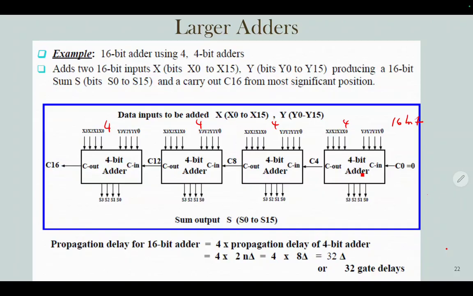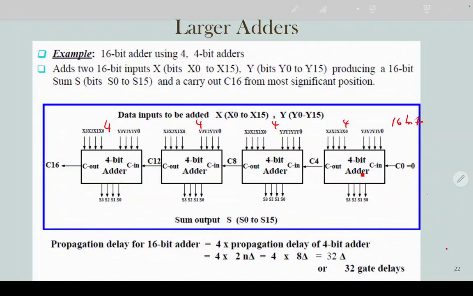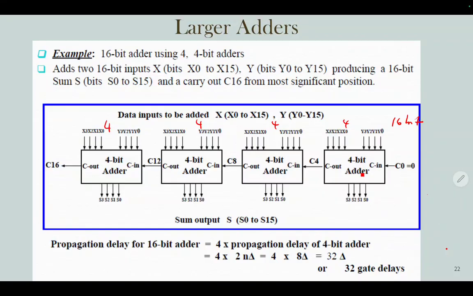You can also have 64-bit or more bits for an adder. Usually this is the basic operation for your calculator.